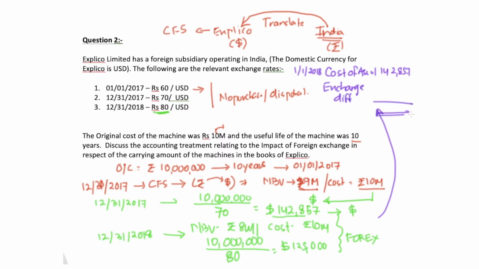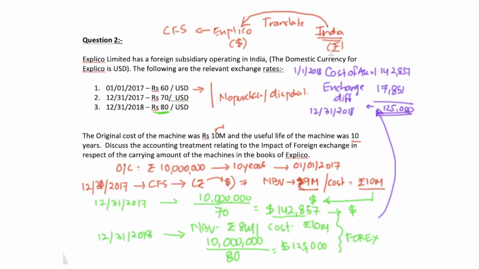This is the balancing figure. We know the balance as of 12/31 2018 is $125,000. However, we do not know the exchange difference. Basically, it's a balancing figure, which is coming out to be 17,851. So this is the way we present it in the notes to the financial statements.